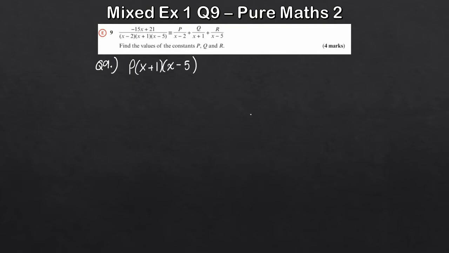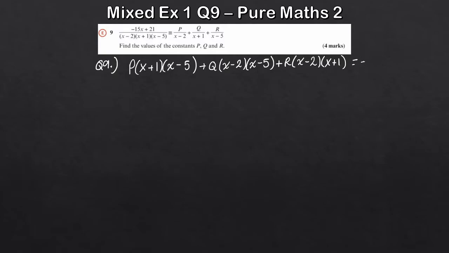So it's basically the denominators that aren't included with the fraction you're working with. So it's plus q lots of x minus 2, x minus 5. And then we've got plus r lots of x minus 2 and then x plus 1. And remember, this is equal to the numerator of the original expression.